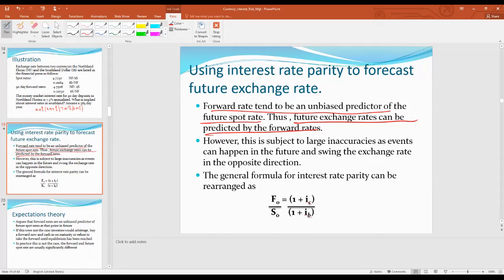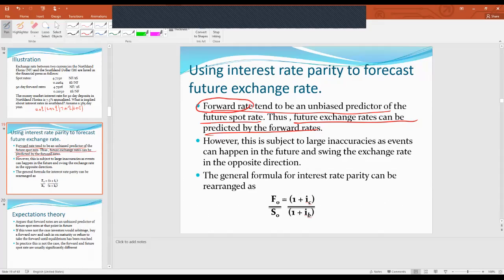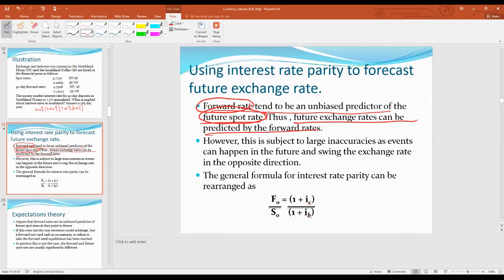The forward rate you just obtained from the interest rate parity theory can be used as the unbiased predictor of the future spot rate. This statement I want to explain here is going to be used when explaining another theory. It's possible for us to determine, therefore, what ought to be the future spot rate.